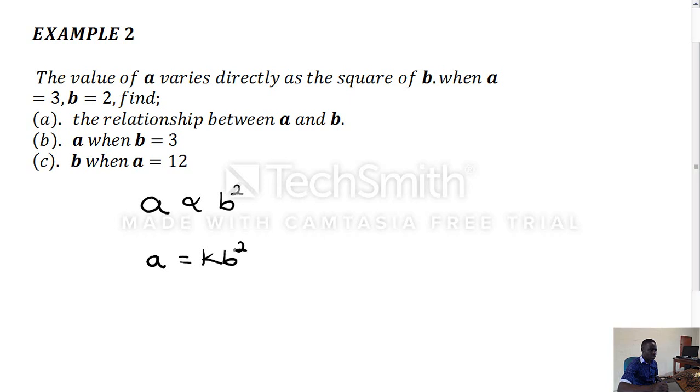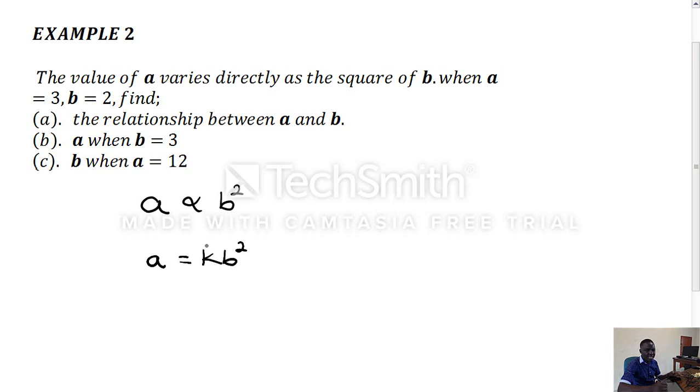kb squared. In the introductory part of the class, I told you that when you are converting from a variation expression to an equation, when you are to substitute, you have to replace the variation sign with an equality sign, and thereafter introduce a constant at the right hand side of the equation.